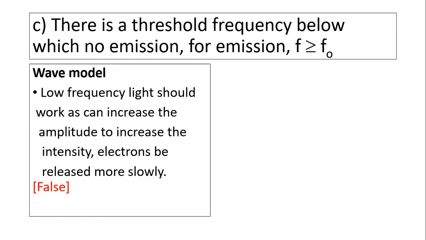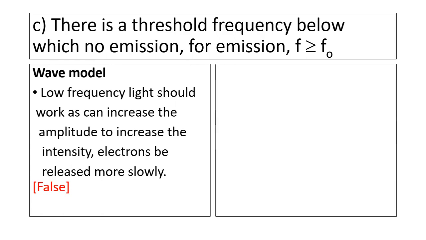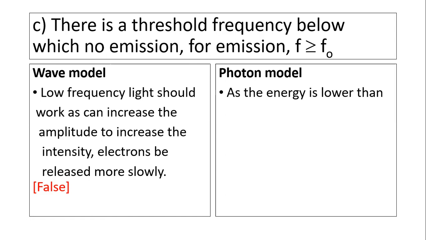We shine whatever radiation on the surface, we just need to increase amplitude to increase the intensity, so more energy is given to the electron. So the electron should be released, more slowly, that's all. Which is not true. You can increase the intensity, but if it's below threshold frequency, the radiation won't cause any emission. Photon model: as the energy is lower than the work function, no emission. That's all.